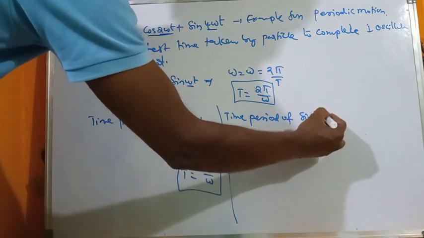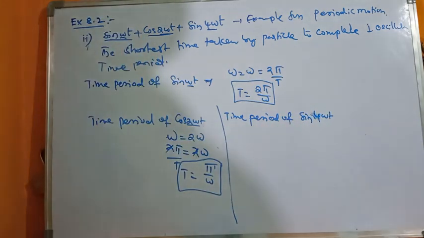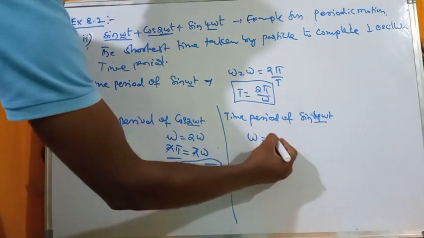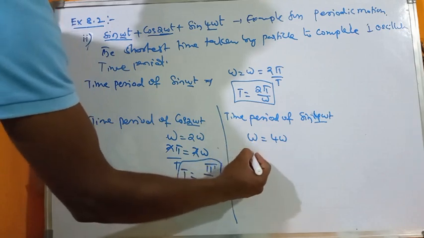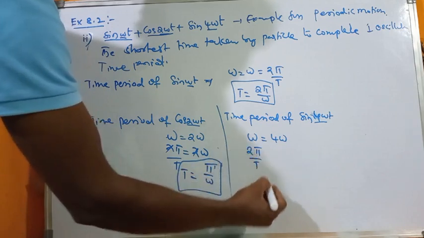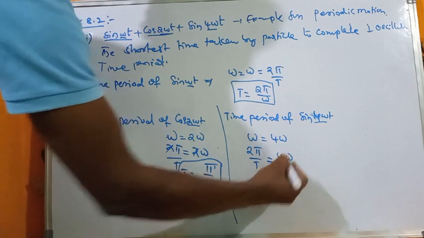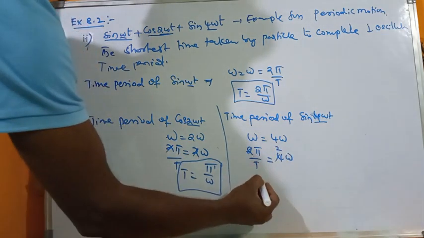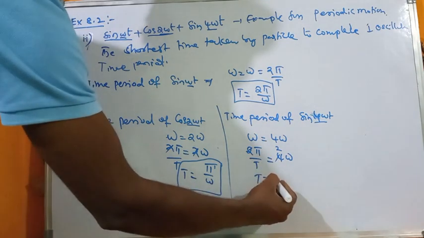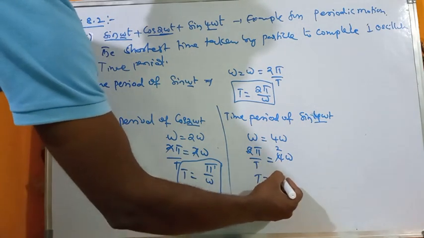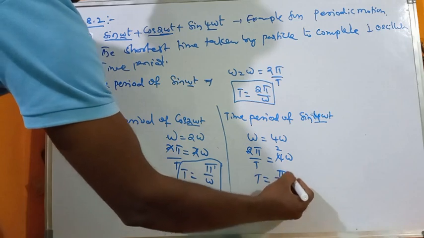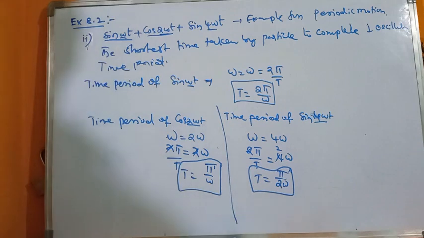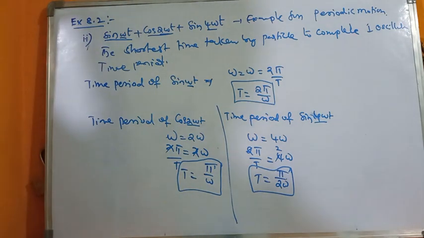In place of omega we now have 4 omega, and this is equal to 2 pi by capital T. The 2s cancel, so capital T is equal to pi by 2 omega. This is the time period of sin 4 omega t.